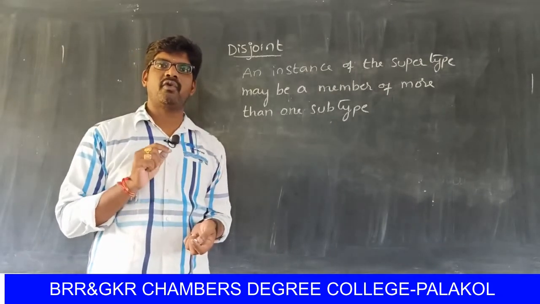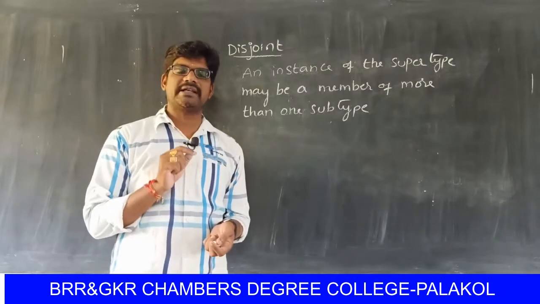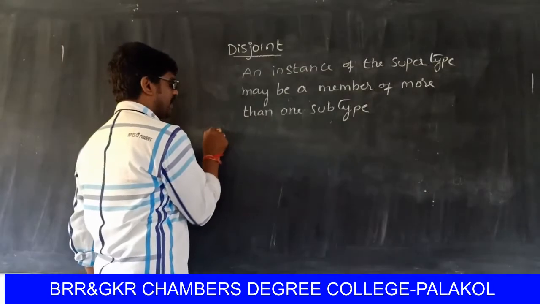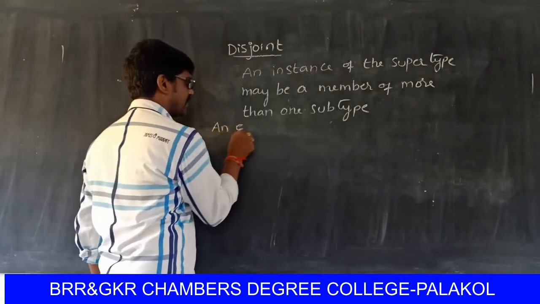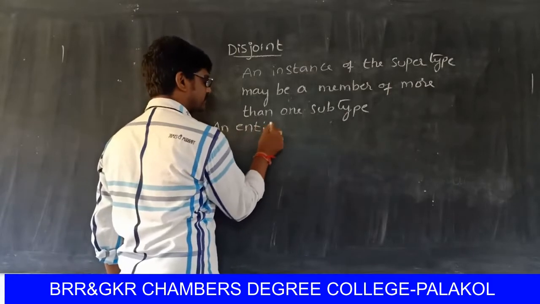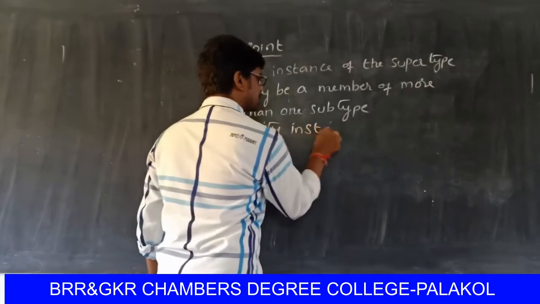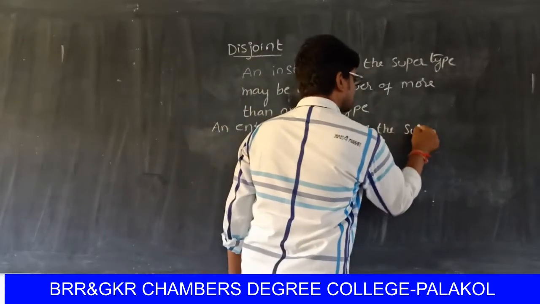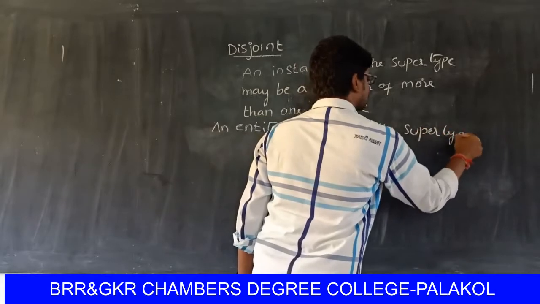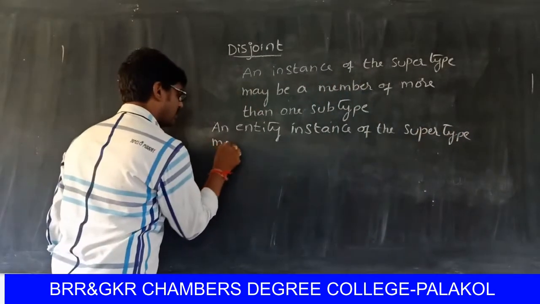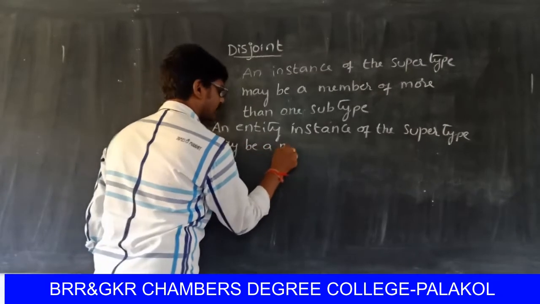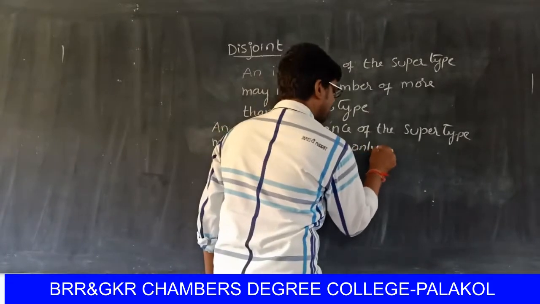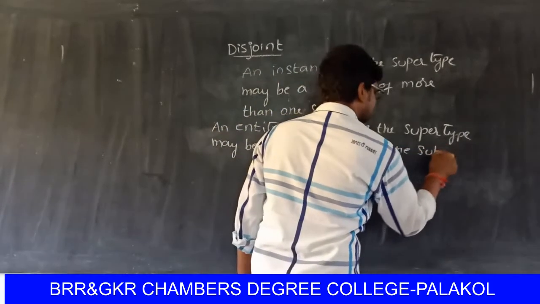An entity instance of the supertype or superclass may be a member of only one subtype; we call it disjoint.